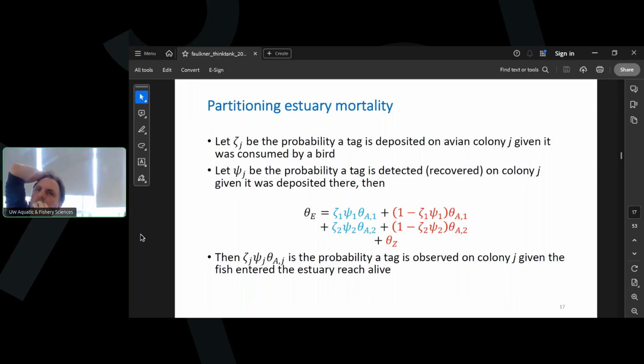Is phi z ever identifiable compared to the ocean mortality probability? How could you split those by the time you don't see them again? Yeah, it's a good question. There are some assumptions you can make that make it easier. You're right, you cannot separate that out, but you can assume that what's happening in that part of the estuary is very similar to what was happening upstream of the trawl.